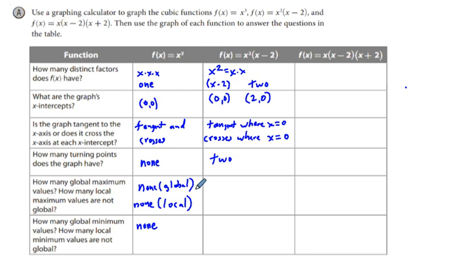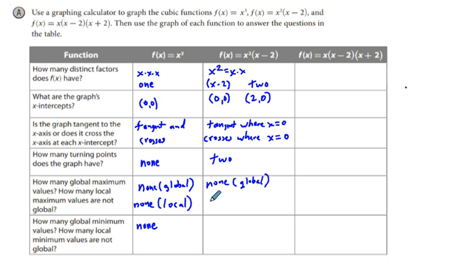How many global maximum values? Well, we do not have a global maximum value because our range is still going to be all real numbers. So none global, but these 2 turning points mean that we have 2 local. So they're not the absolute, not the highest high or the lowest low of the entire function, but they are local.